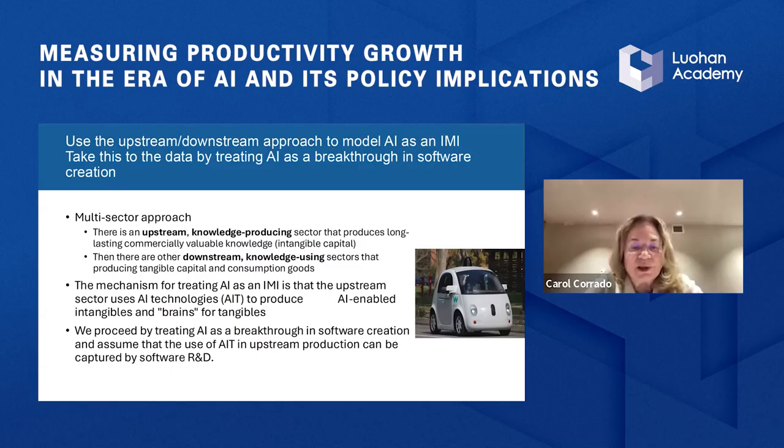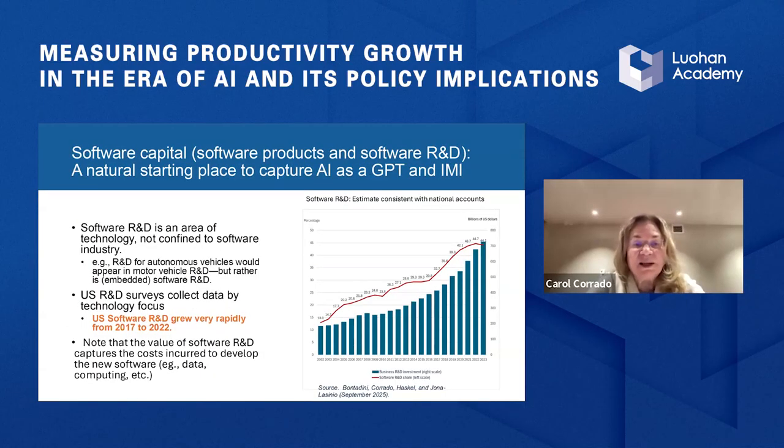And the use of AI technologies in upstream production can therefore be captured by software R&D. And our notion of software R&D is as an area of technology, not just what's done in the software industry. So the R&D for autonomous vehicles would appear in an industry framework as motor vehicle R&D, but rather really is embedded software R&D.